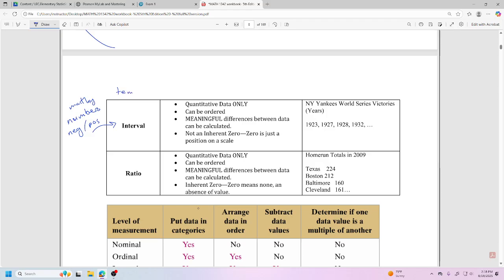We can do temperature in degrees Fahrenheit or degrees Celsius, right? Can you have a negative and a positive? Yeah. Okay, cool. What else can you have a negative positive about? Like money in your bank account? Well, I mean, maybe. I don't know if you can have a negative.